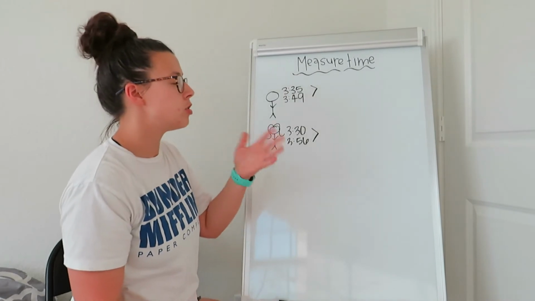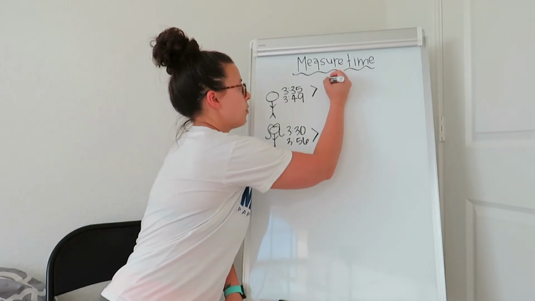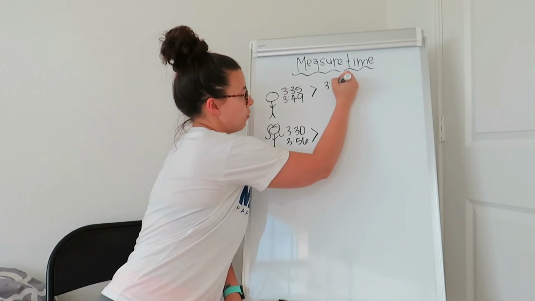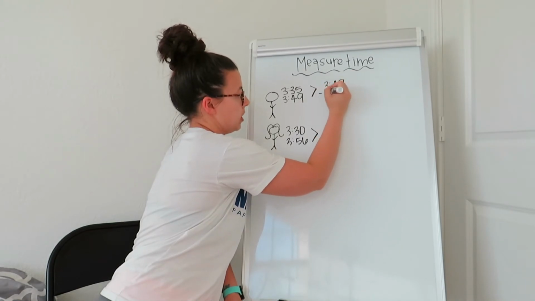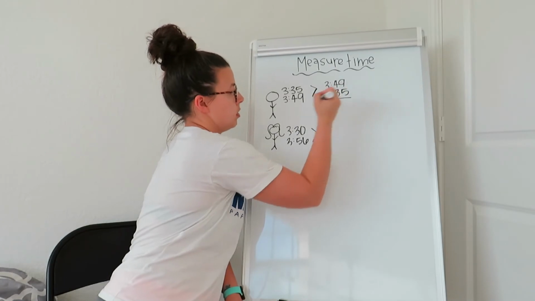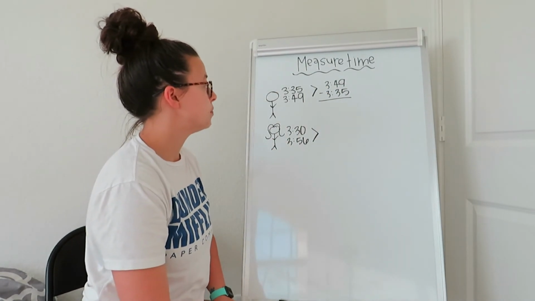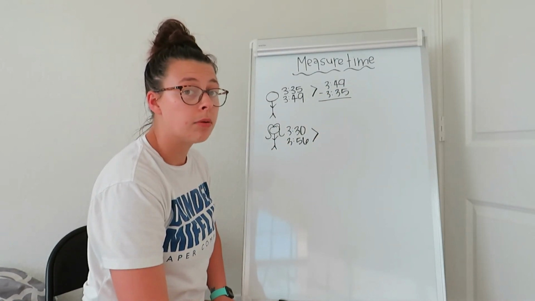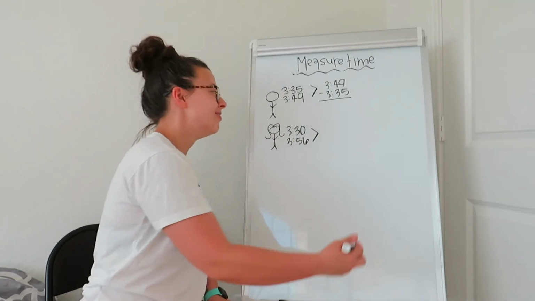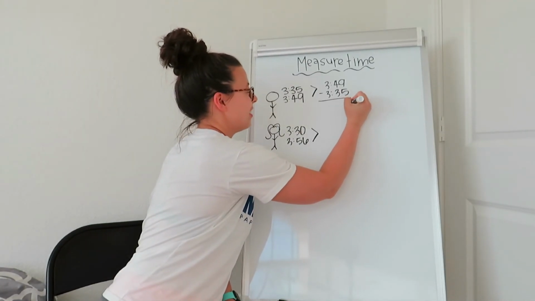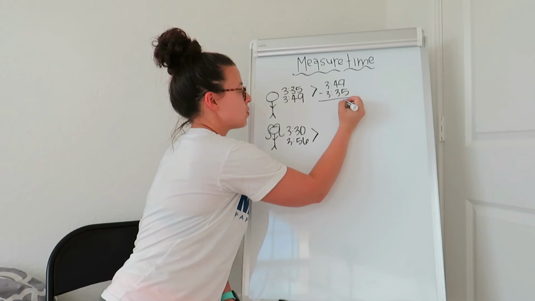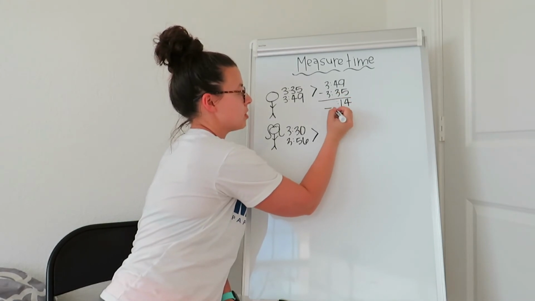Let's just go ahead and do subtraction. So we have 3:49 minus 3:35. Okay, so 9 minus 5, 4. 4 minus 3 is 1, and 3 minus 3 is 0, so there's no hour.